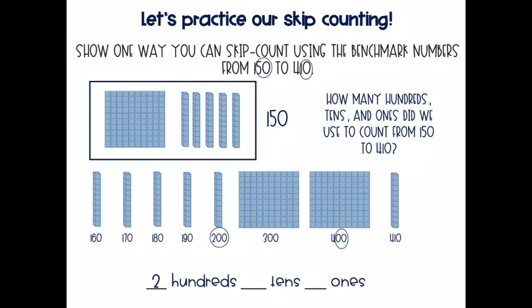Let's see, we have 1, 2, 3, 4, 5, but don't forget about this last one, 6. We used 6 tens. How many ones did we use? We used 0 ones. We now know to get from 150 to 410, we needed 2 hundreds, 6 tens, and 0 ones.